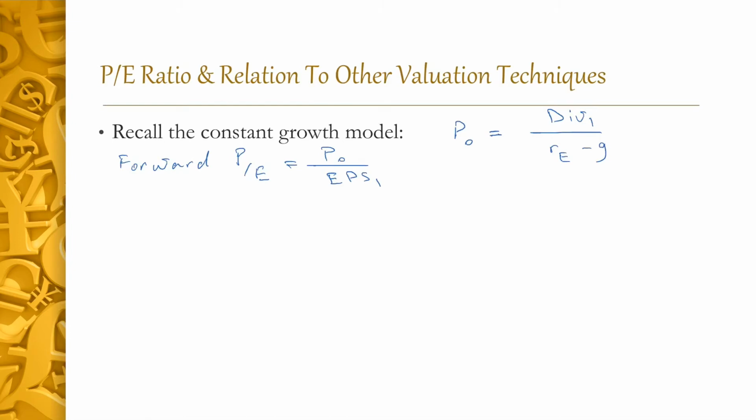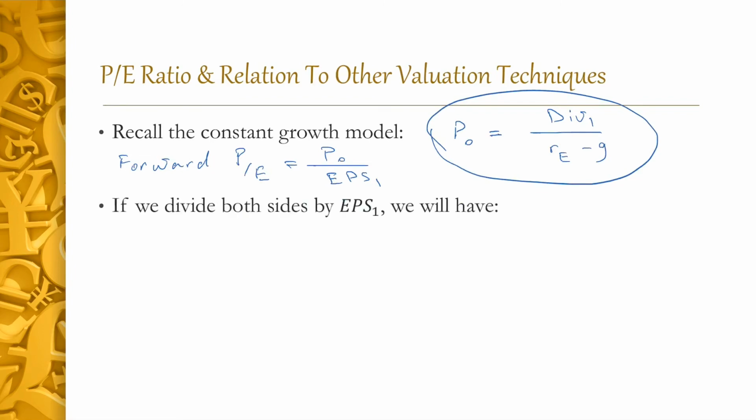To see the relation between these two, I can just divide both sides of this equation by EPS1. On the left-hand side, I would have P0 divided by EPS1, which is the forward P/E ratio.